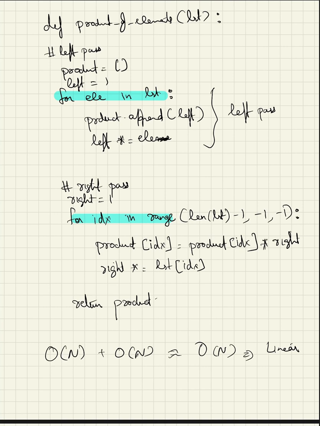The first pass creates the product of all the elements from the left direction. In the right pass we go in the reverse direction and mutate that product array, multiplying in the right values. So that's pretty much it. I'll see you with another problem.